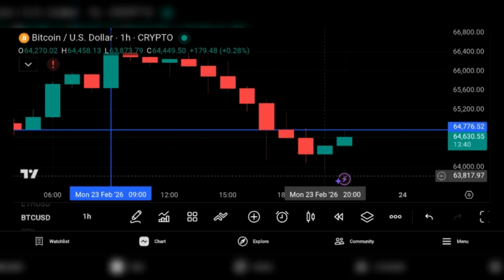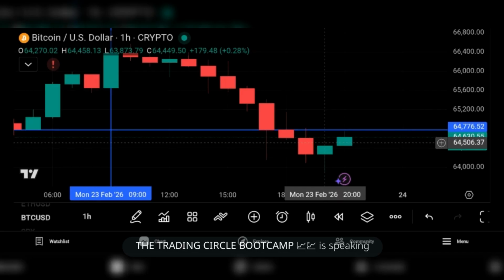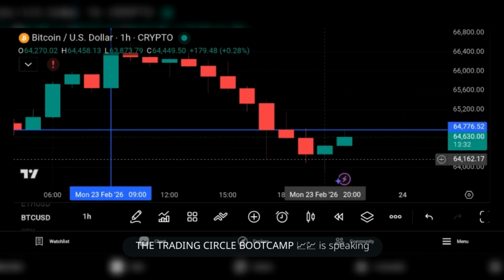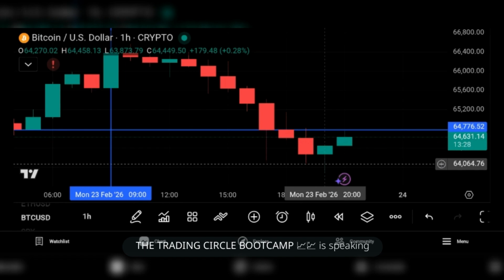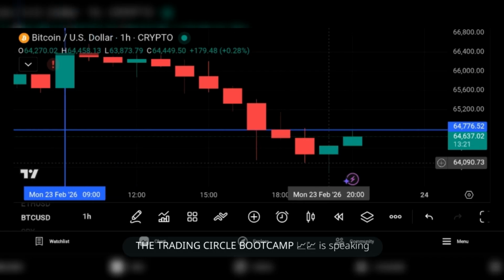Okay. So, like I was saying, it went down. The sellers pushed the market right from this price, down to this point. Now, this is the low. We call it the low. That is the lowest price the candle got to. Then it went back up again.